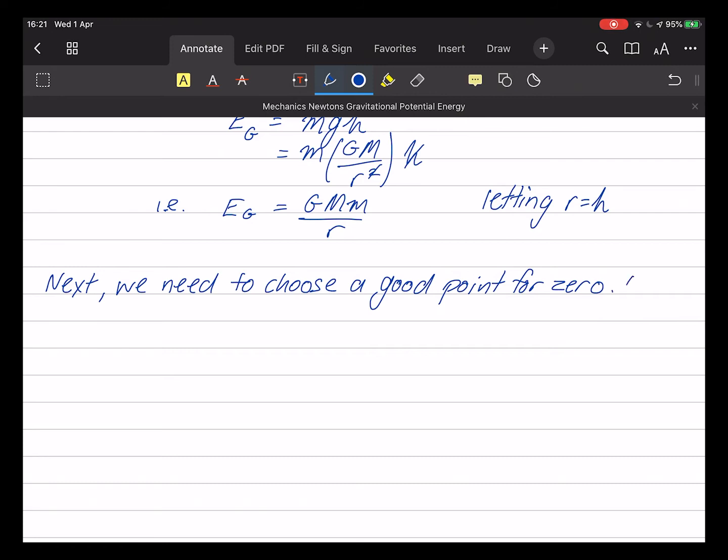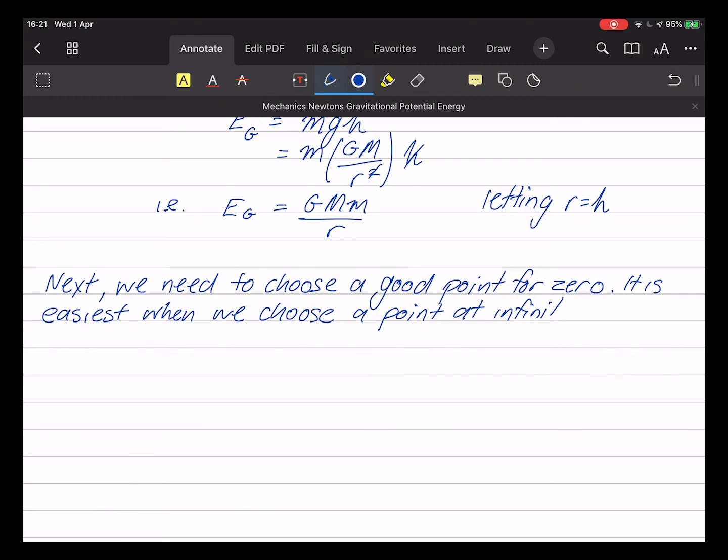So it is easiest when we choose a point at infinity, or let's explain what infinity is.